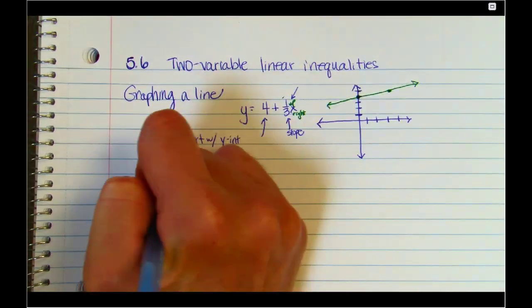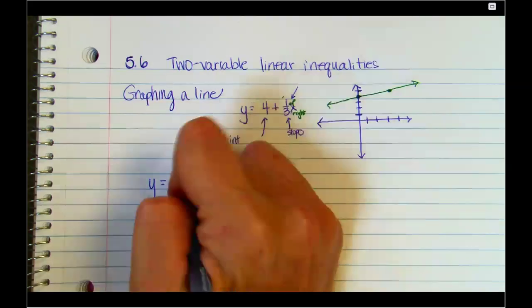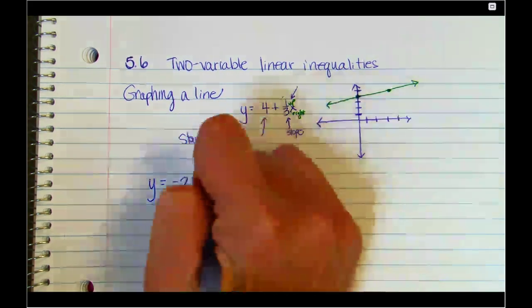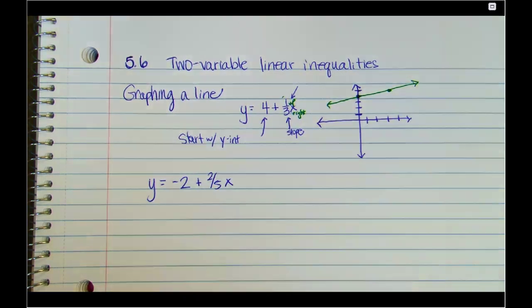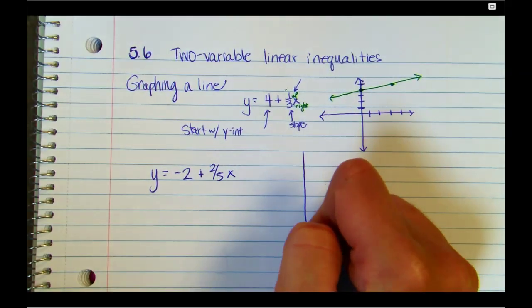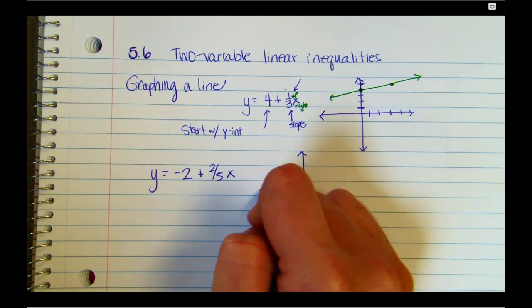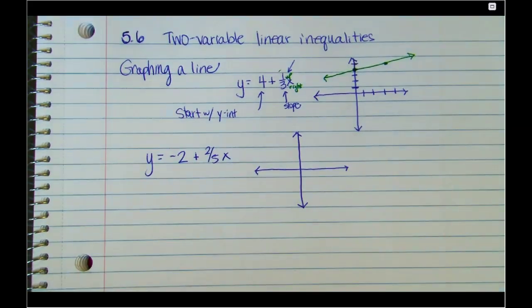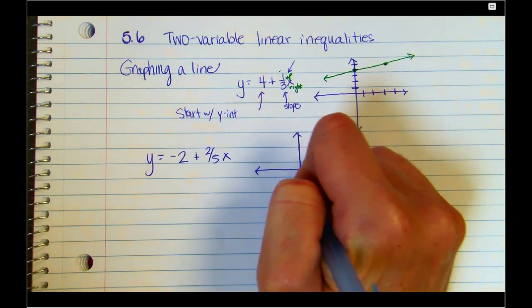Okay, let's graph y equals -2 plus 2/5 x. Okay, go ahead and draw your axes. Okay, what is your y-intercept on this one?